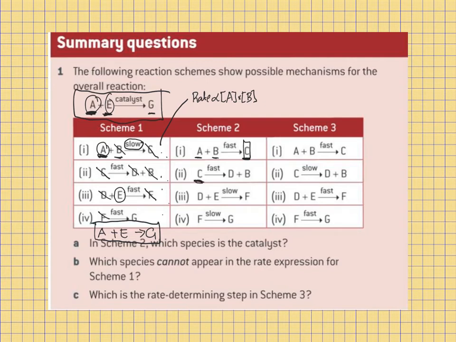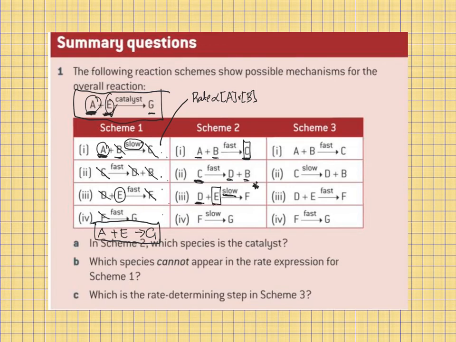So this intermediate quickly breaks up to form D and B. Now this here must be the rate determining step, or the slowest step, which involves this intermediate D and this reactant E.